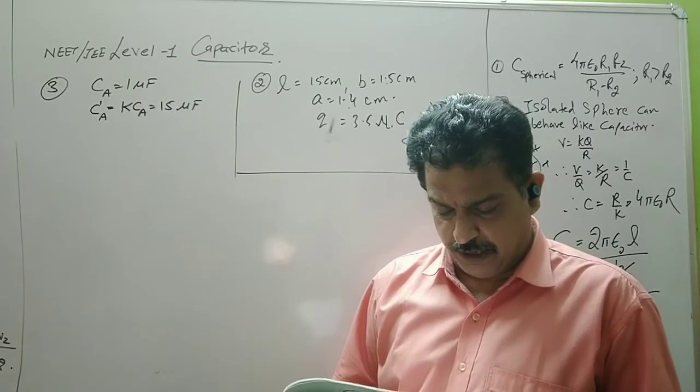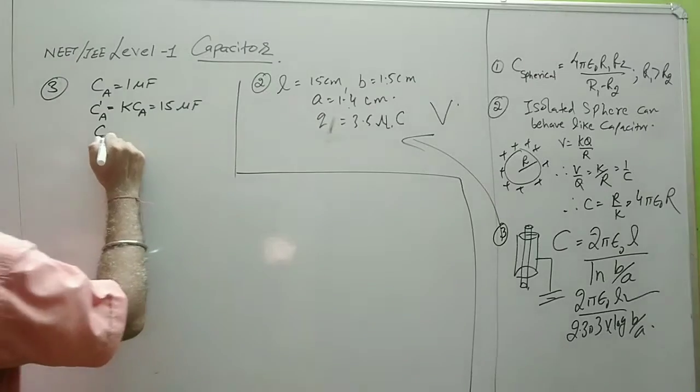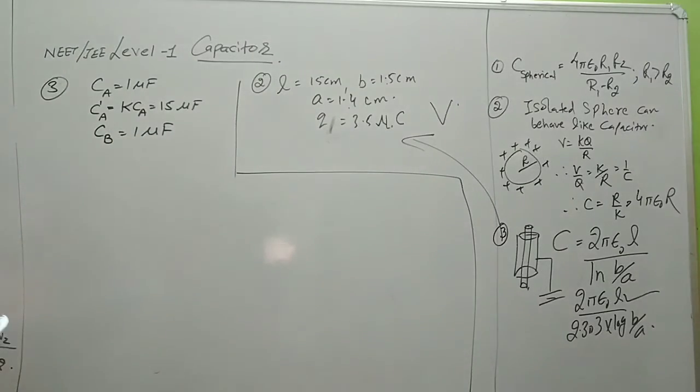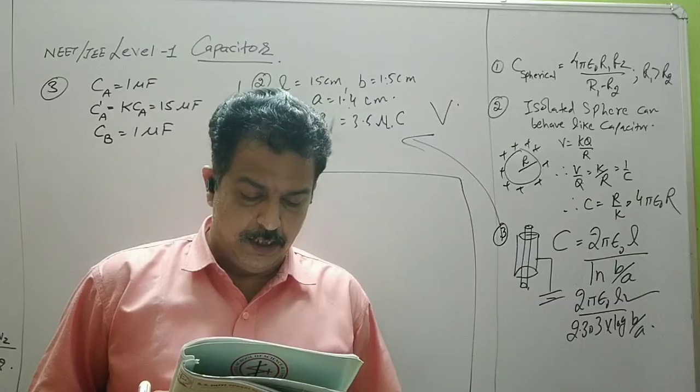The capacity of another condenser B is 1 microfarad. So CB is 1 microfarad. So we have two capacitors A and B. Both are separately charged by a battery of 100 volt.